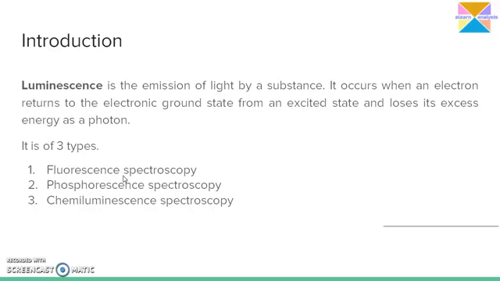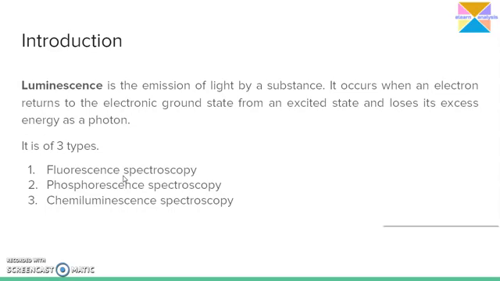So I'll come to this luminescence. Luminescence is an emission of light by a substance, and it occurs when an electron returns to the electronic ground state from an excited state and loses its excess energy as a photon.